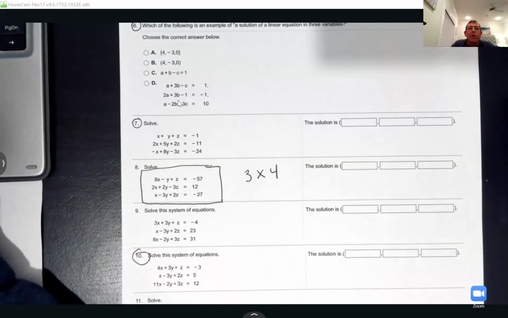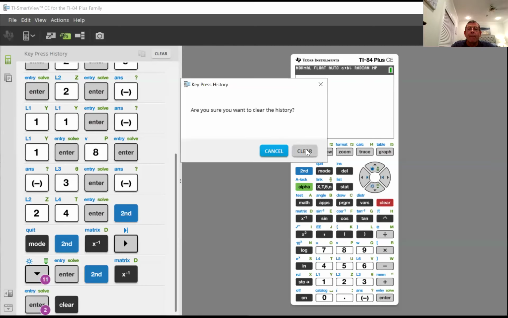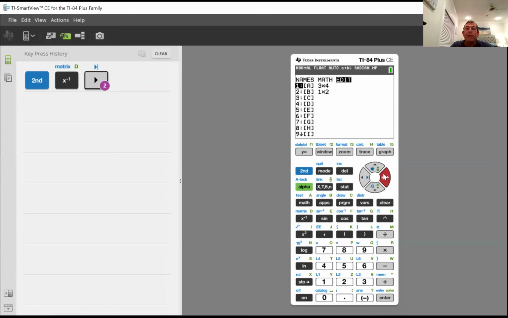So let's go to our calculator, and let me clear all this off. All right, so remember now, we're going into the matrix. So hit second, x negative 1, and then we're going to go to edit to put in our matrix. So on edit, I'm just going to hit enter.